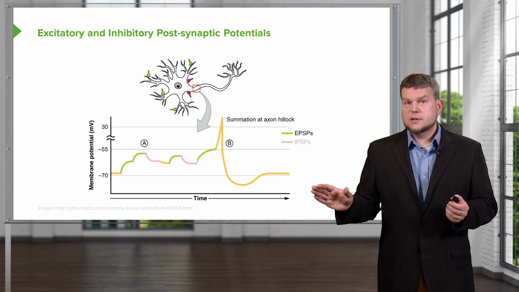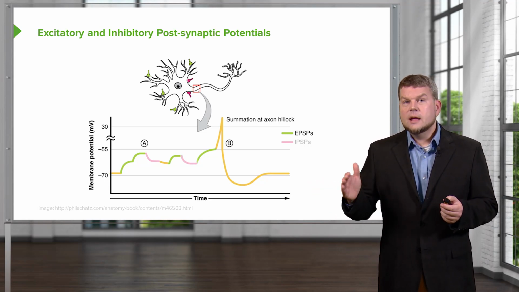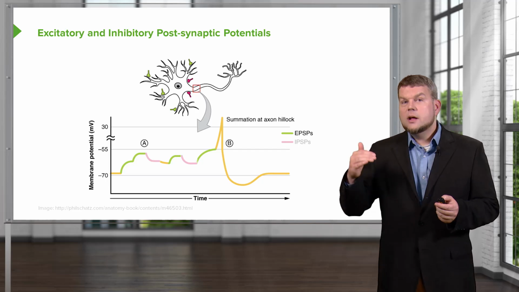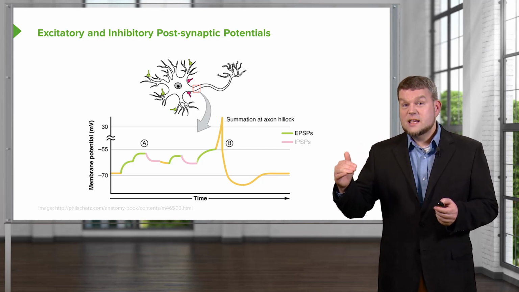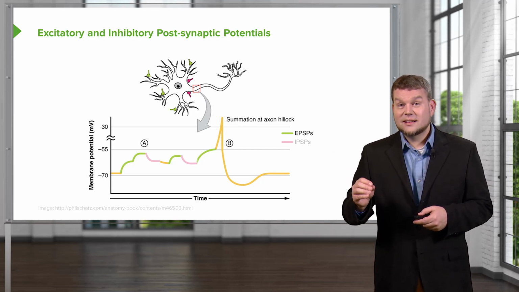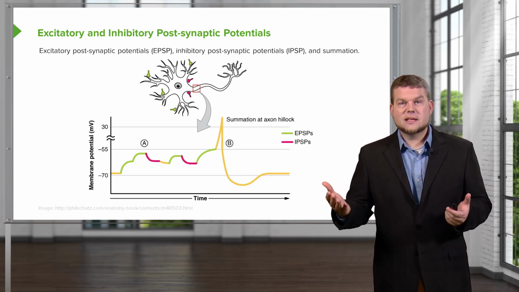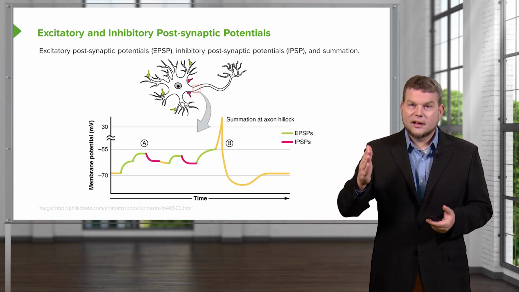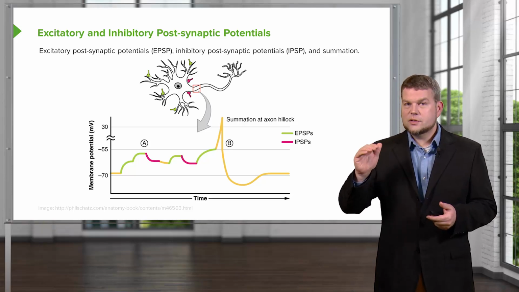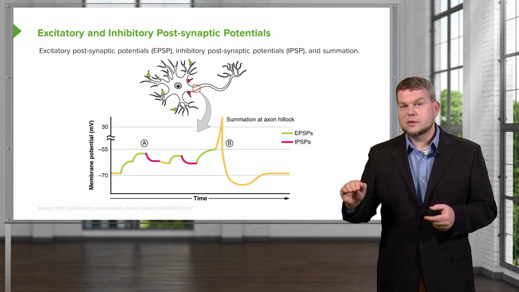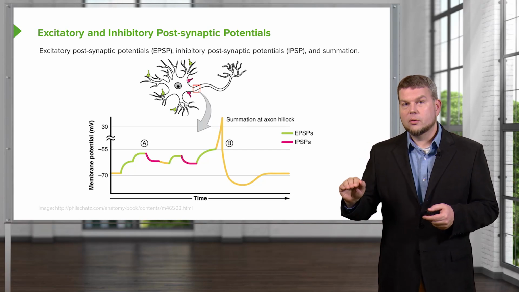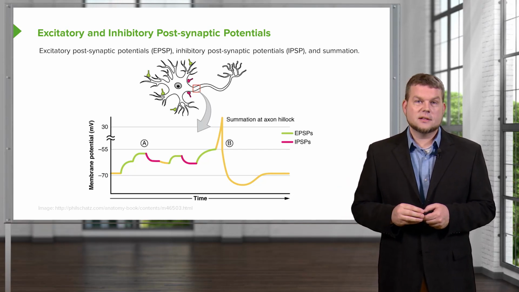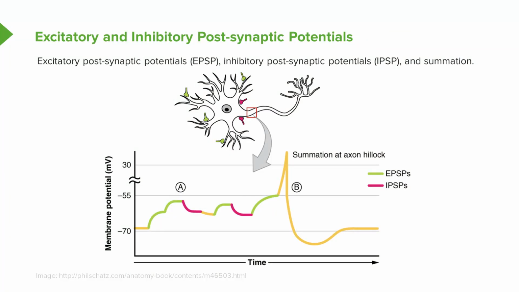So no action potential has occurred yet. It would be nice if we got one more of these EPSPs to have us reach threshold, right? Unfortunately, an IPSP just came in, knocked our membrane potential down because it hyperpolarized that particular response. Then we're at baseline for a little bit.